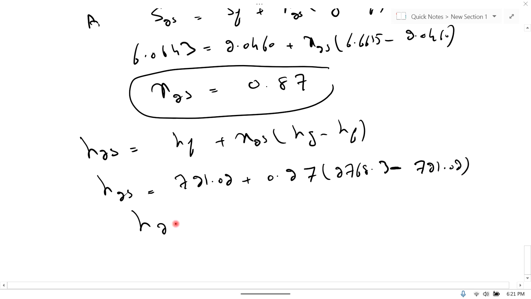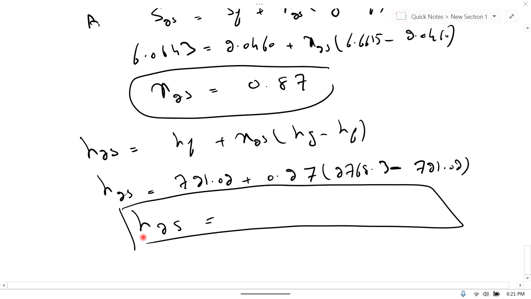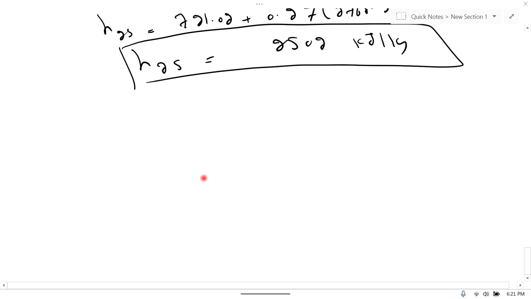So simplify this and find the value of h2s. Exit of high pressure turbine for an ideal enthalpy, so this is 2502 kilojoule per kilogram. Now we can find the actual enthalpy.